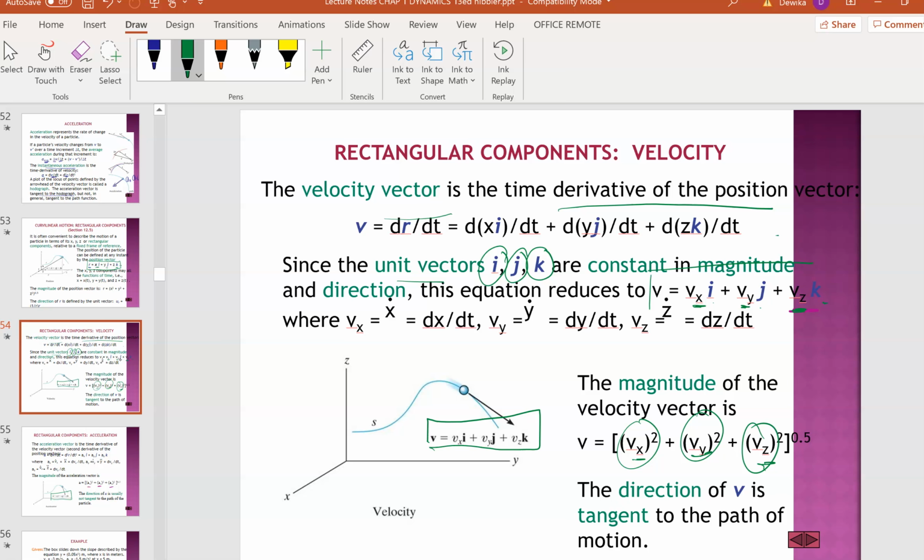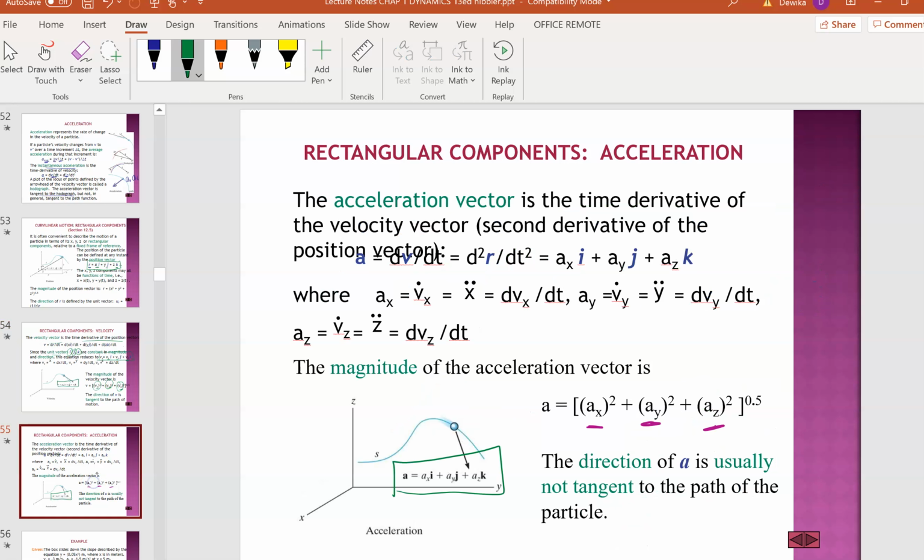You differentiate this again, you get the acceleration, following the route of r, v and a. So even though it is in x, y, z axes, you can still apply it. To find the magnitude, ax squared, ay squared, az squared, square root of the sum, you get the magnitude. It's applicable to acceleration, velocity, and also position.